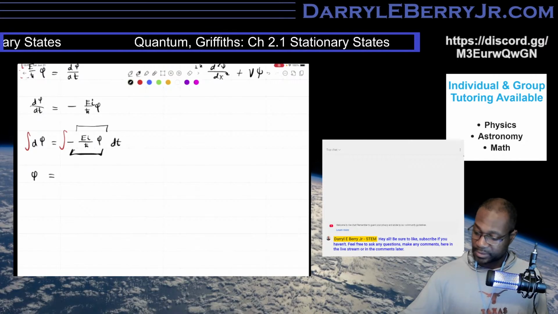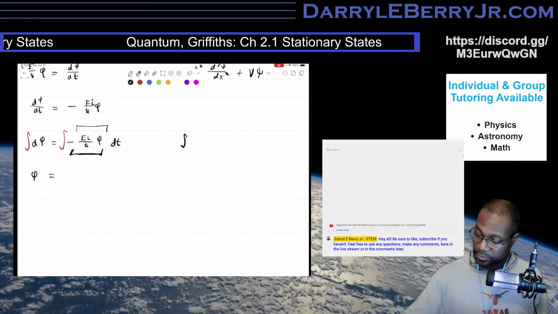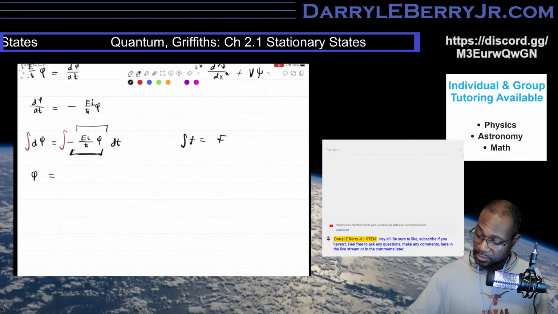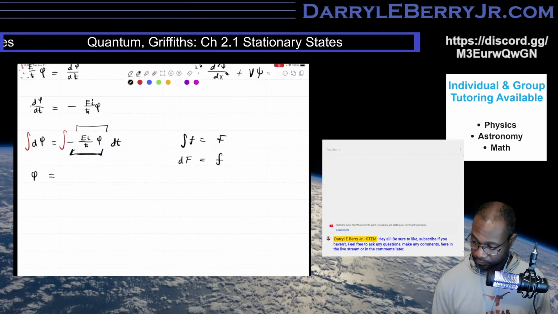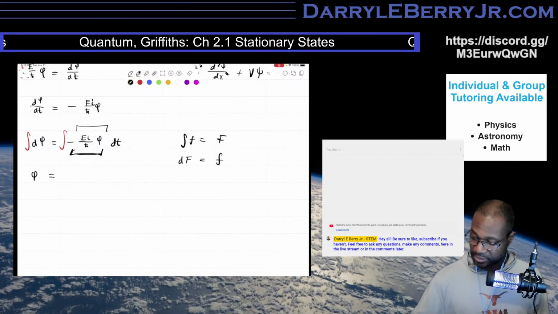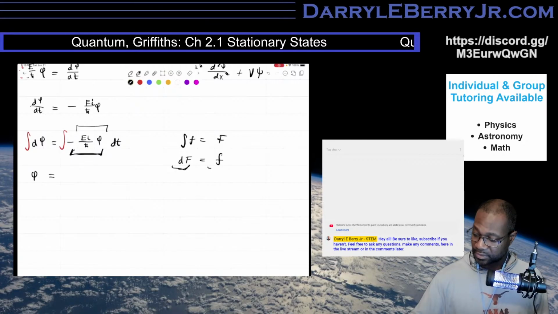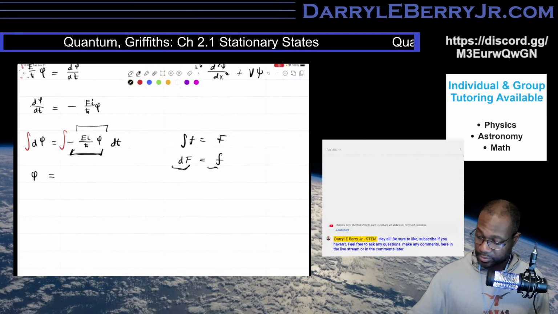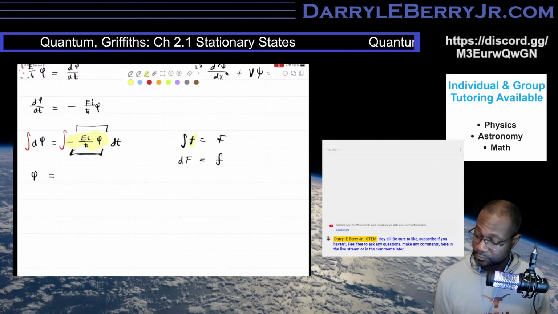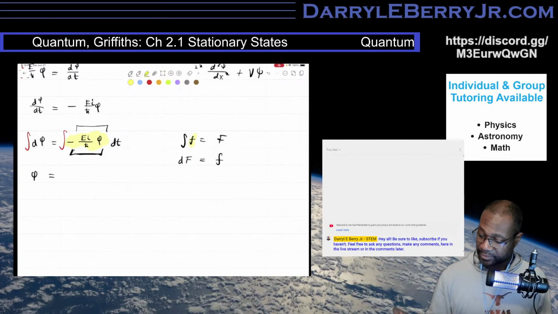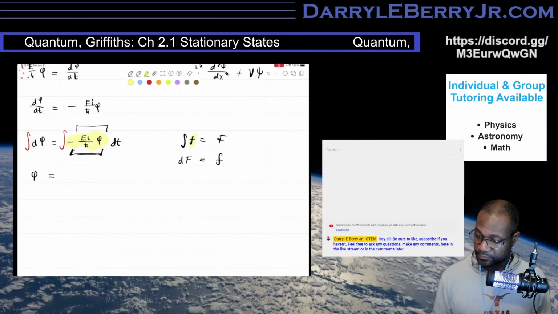So basically the integral of little f equals big F, and the derivative of big F equals little f. So we need something that when we take the derivative of it, it equals f, which is inside the integral here. So this part here is our f.